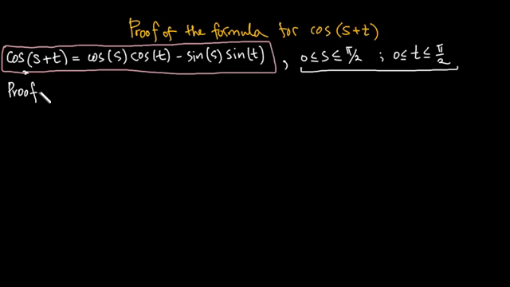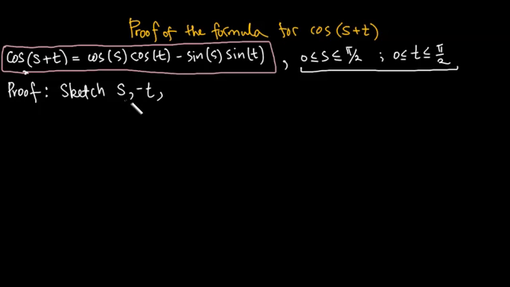If you look at the statement, before you prove it, remember how the setup goes. The setup is the following. We're going to sketch the angle S and angle T, because the formula breaks this down, and S plus T. But it turns out that paying attention to the angle negative T is very useful.